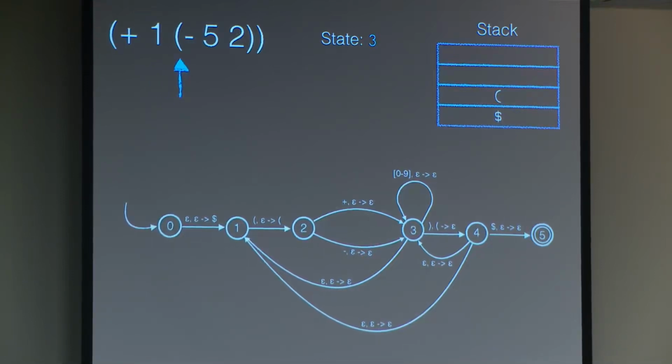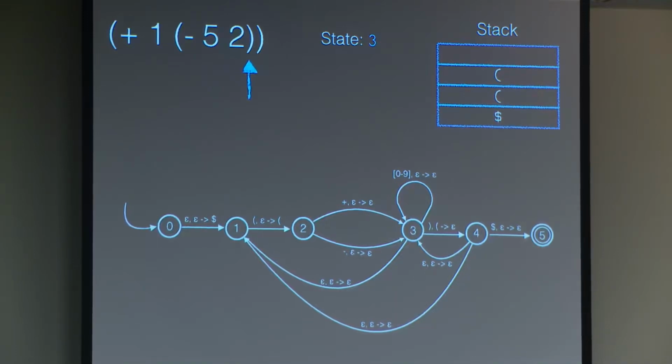In this case, we're going to see the transition to state 1. We're going to see another paren. So we push it onto the stack, and we move into state 1. We're going to go back, and we're going to replay the same thing, and we're going to keep going forward. We're in state 2. We find the minus sign, move into state 3, and we're looking for numbers. We find them.